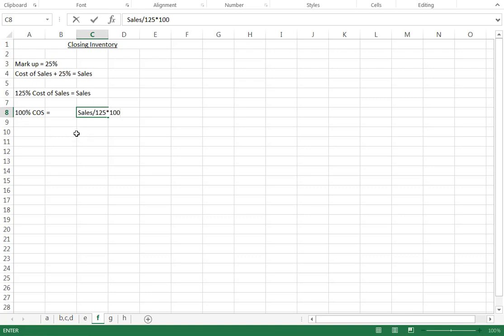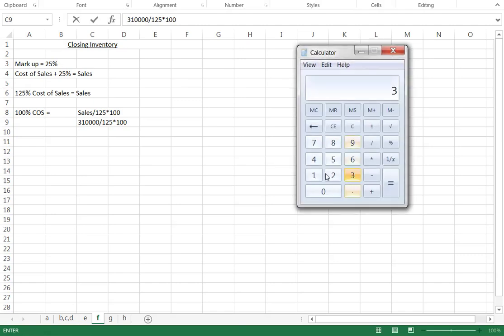In this case I know that the sales are 310,000, and if I divide that by 125 and multiply it by 100, that gives me, on the calculator, 310,000 divided by 125 multiplied by 100 equals. So that means that my cost of sales is 248,000.